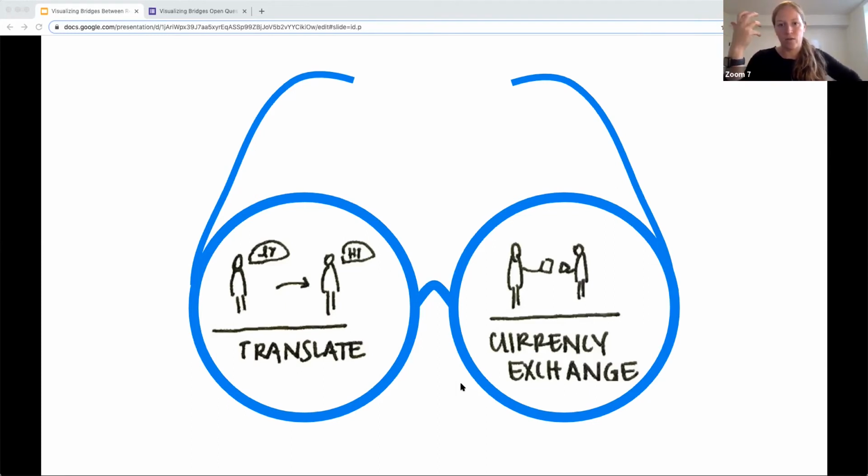And it often takes the form of researchers distilling and synthesizing research results and publishing those findings in books or articles. So they take their research results and then translate them for a broader audience. Currency exchange, an example would be a researcher providing professional development in exchange for access to students or teachers. For example, a teacher administering an assessment that can be used in a research study. So there's an exchange of goods.